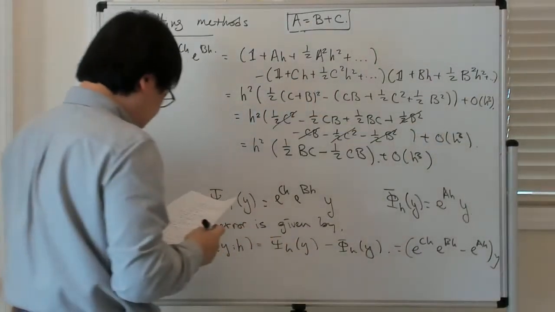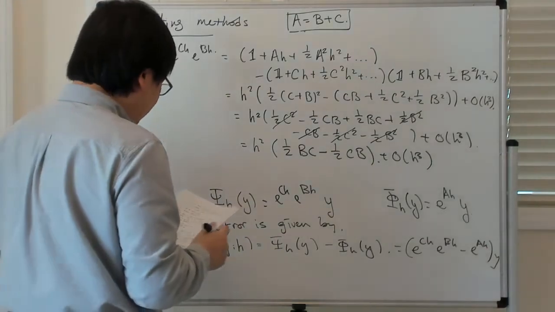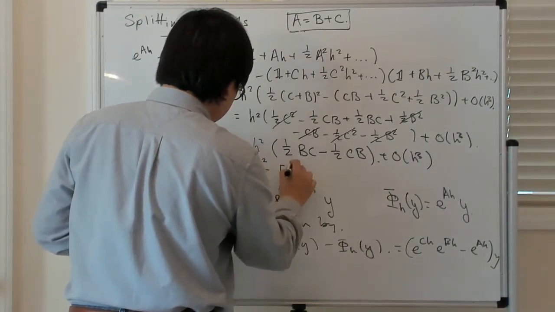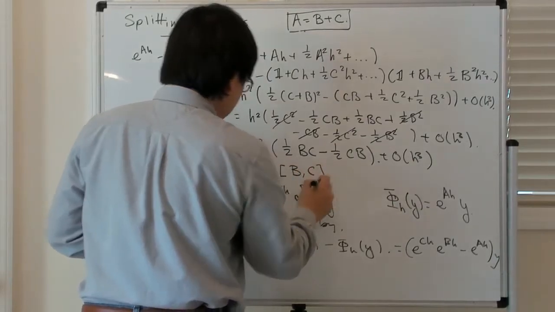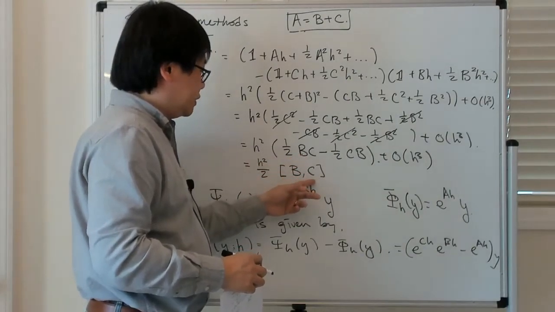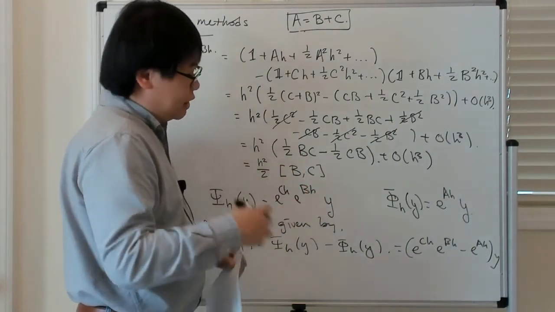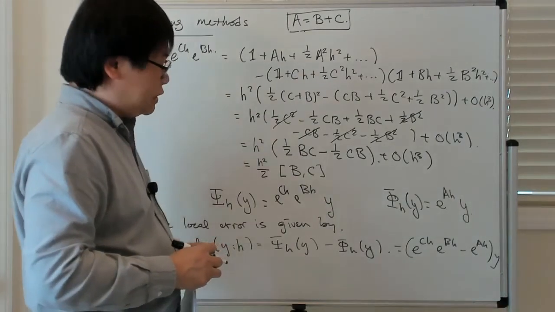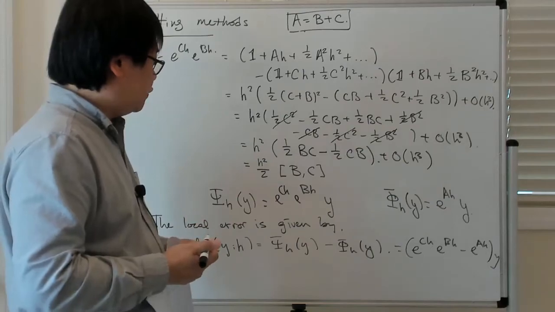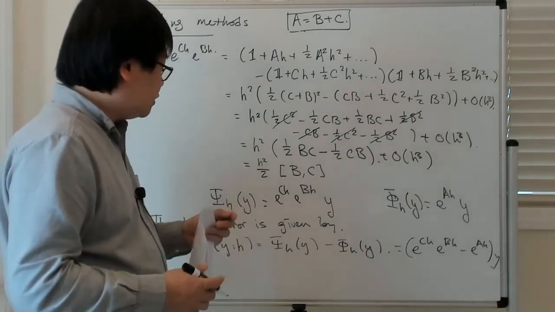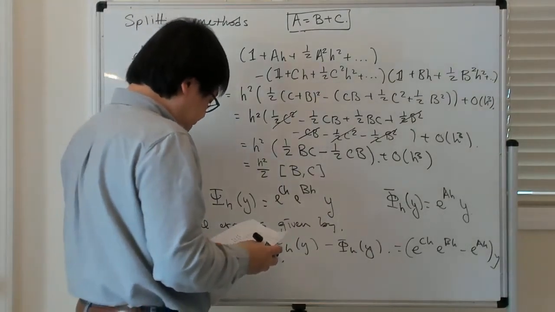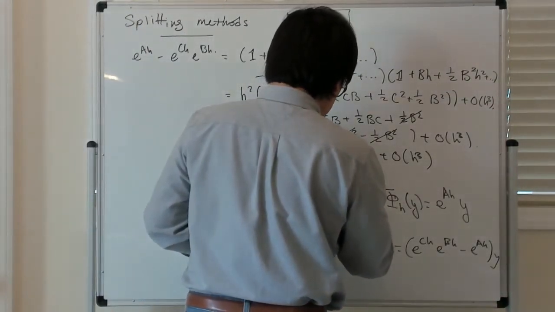I can write this as h squared over 2 times the commutator of B and C. The commutator of matrices is nothing more than B times C minus C times B, and it measures the extent to which the matrices commute with each other. The commutator of two matrices vanishes if the two matrices commute, and it is non-zero if they don't commute with each other. Plus O of h cubed.